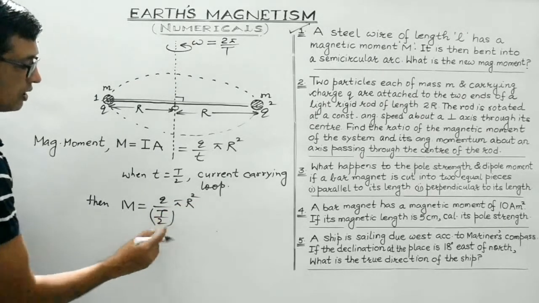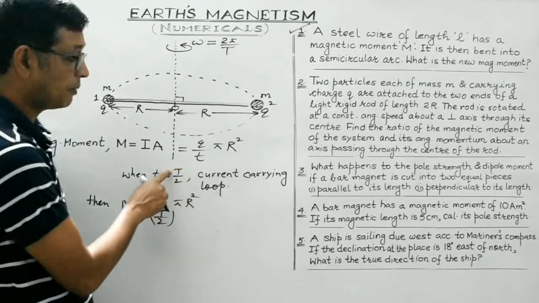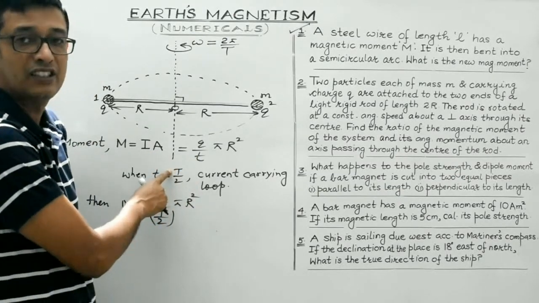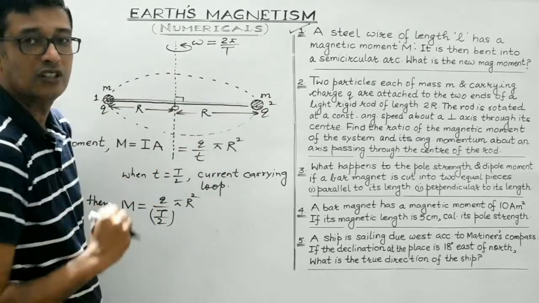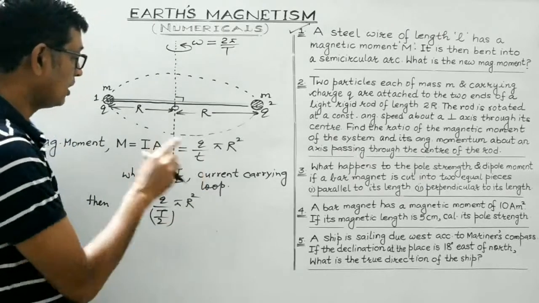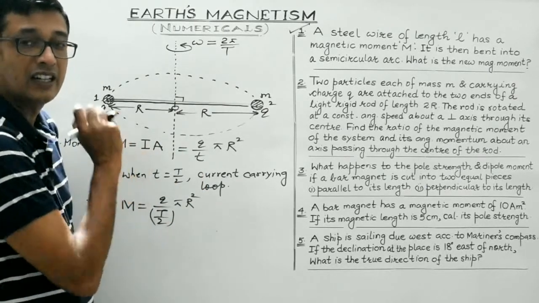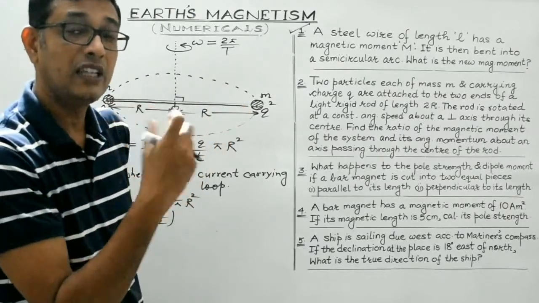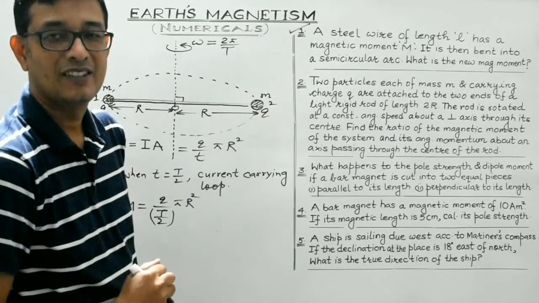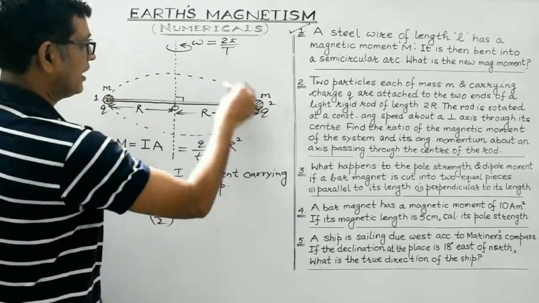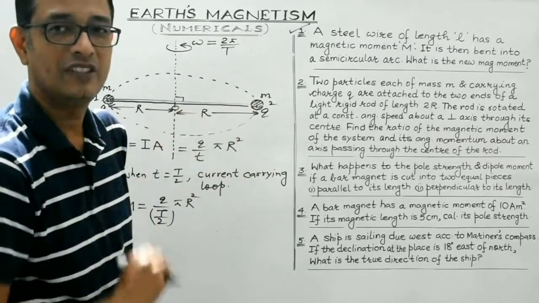So I hope you all are convinced why we have taken capital T by 2 as small t. Capital T is the time period. It's the time to complete one rotation about this axis by the rod. But when we talk about the current carrying loop, it is constituted even when it completes half the rotation, because these two charges will interchange their positions and will constitute a current carrying loop, isn't it?